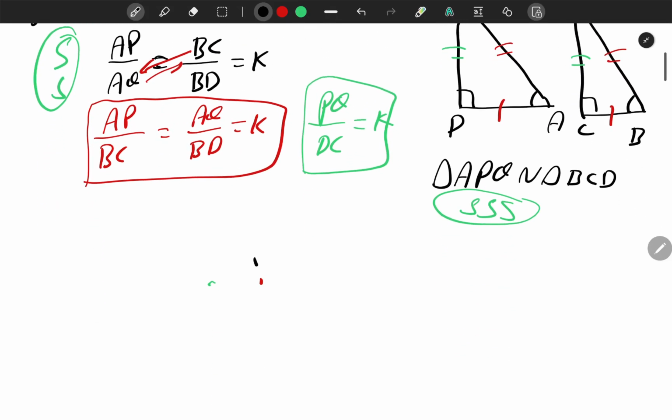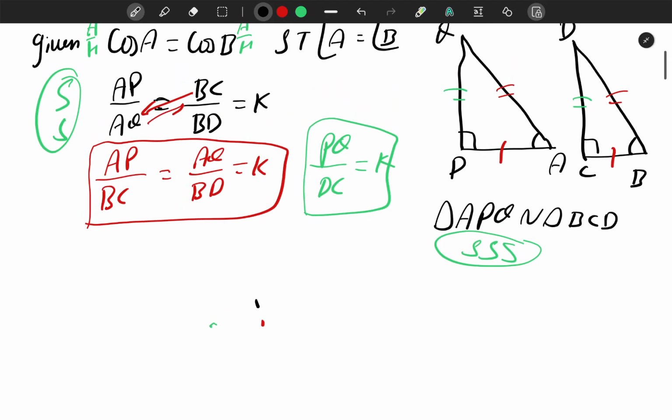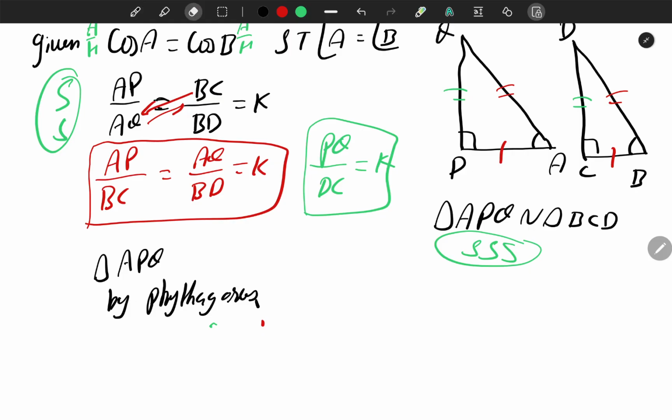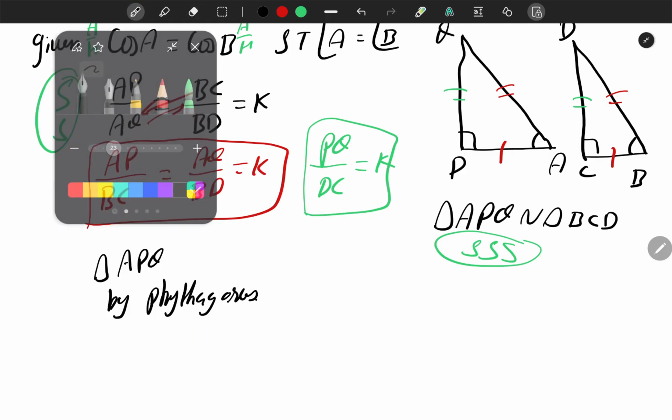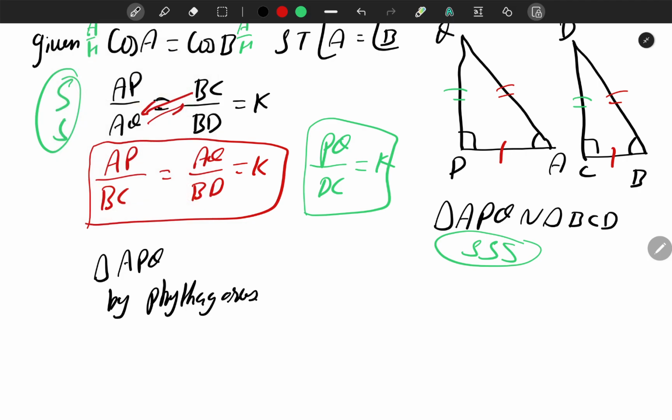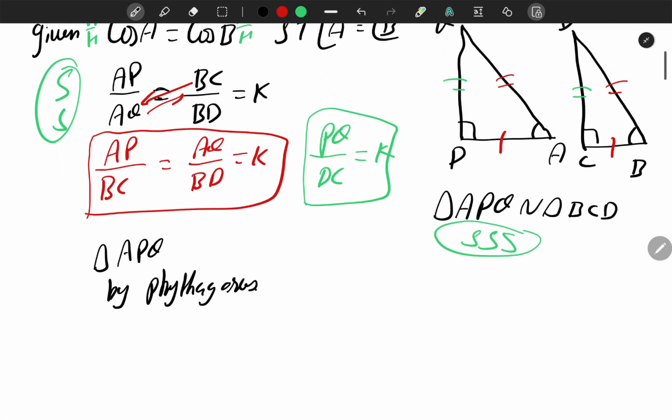Okay. Now let us apply the Pythagoras theorem in triangle APQ. By Pythagoras we can write PQ square is equal to AQ square minus AP square.